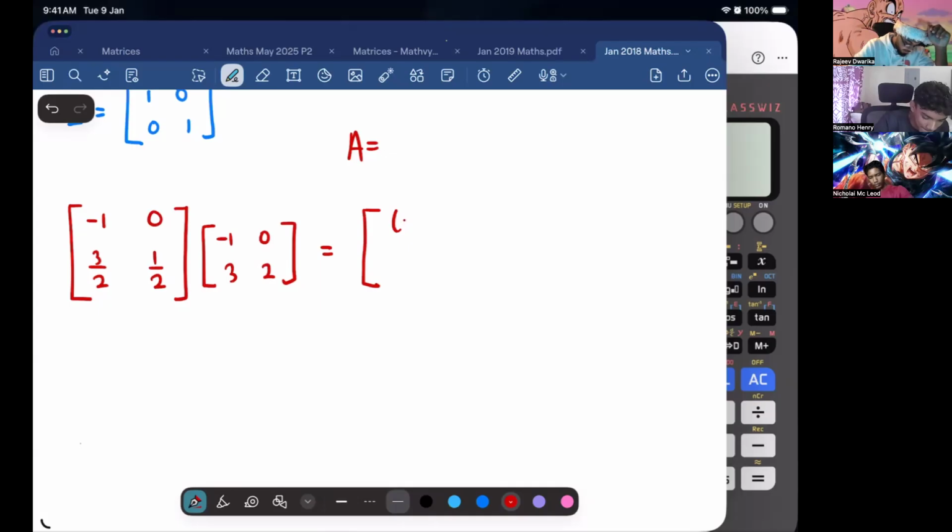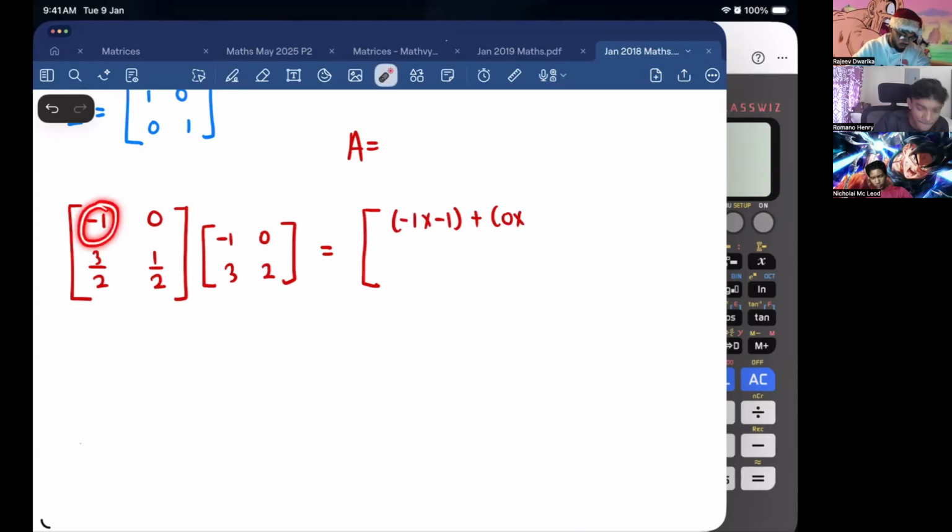Do we have to multiply the -1 by -1 and 0 by -3 and -1? Take your time. So -1 by -1, it was correct here, and then the 0 by -1, then -1 by 3 and 0 by 3. Wait, so you're saying 0 by 3 here? The 0 multiplied by -1, and you also have to multiply it by 3.